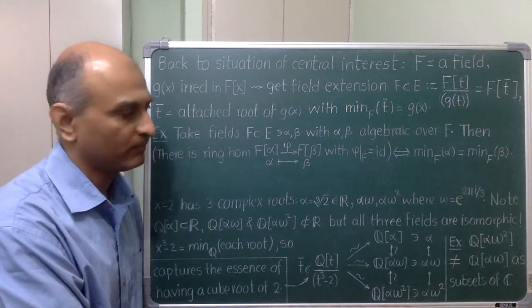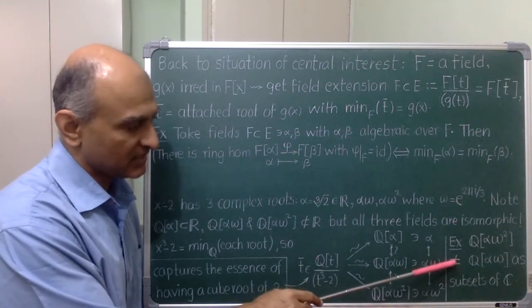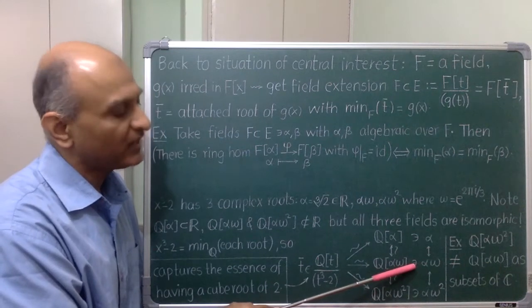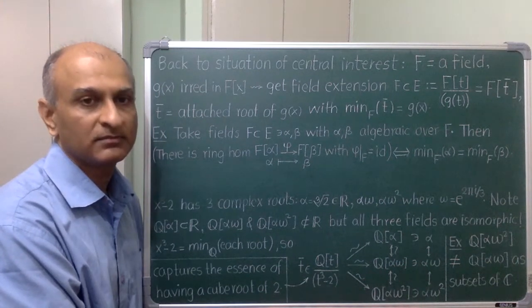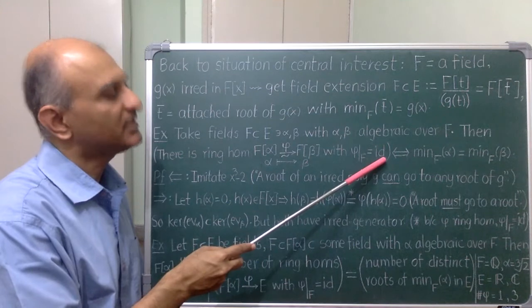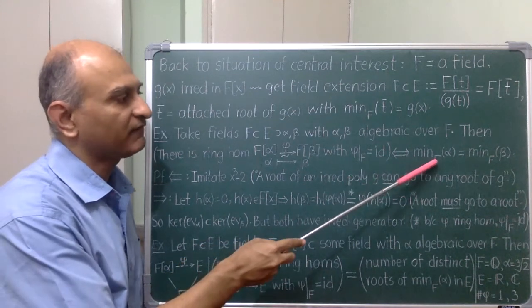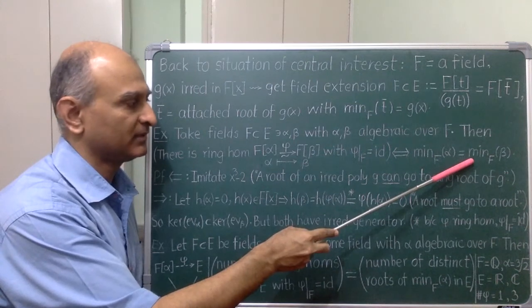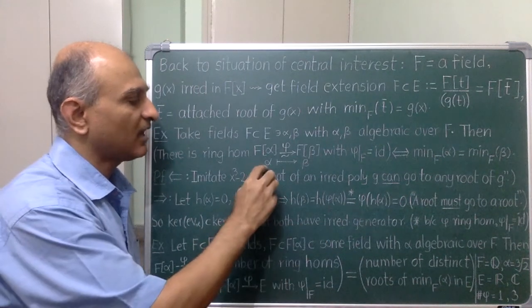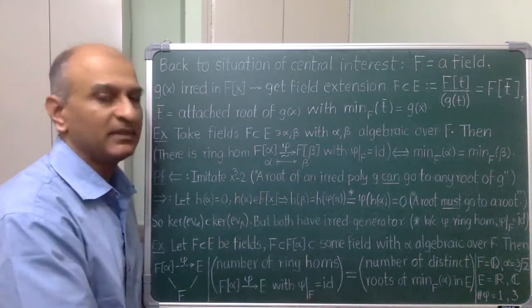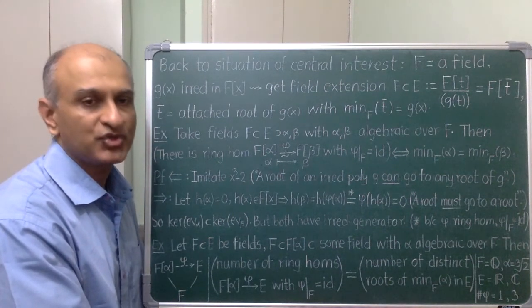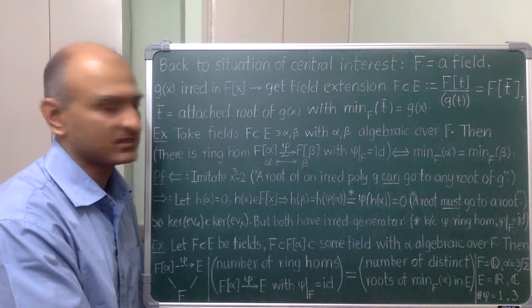Okay, I have abstracted out the general principle at work over here in this very important exercise, which you should do now. Here is another exercise about the concrete situation over here, and you can try this on your own. The backward direction is more interesting. Alpha and beta are roots of the same irreducible polynomial. We want a map taking alpha to beta. But this is just like what we did for x cubed minus 2, and you should check that the same argument works.